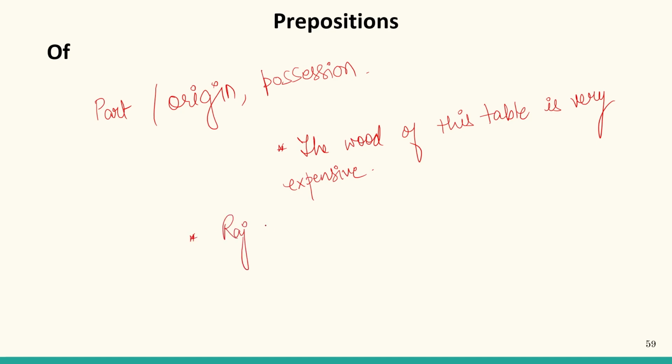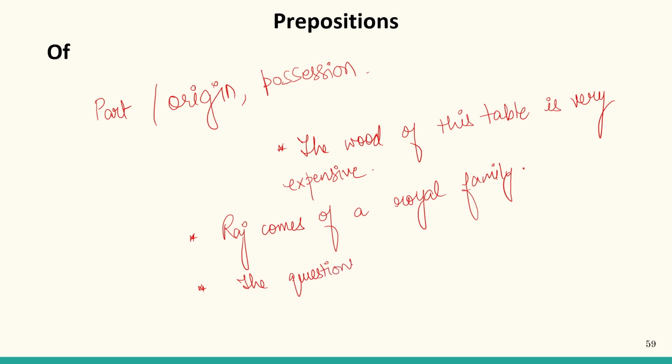Raj comes of a royal family. It means his origin is from a royal family. The questions of this exercise are very easy. So it shows the part of something.